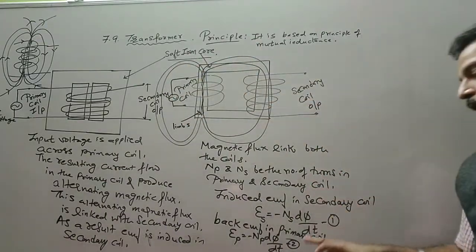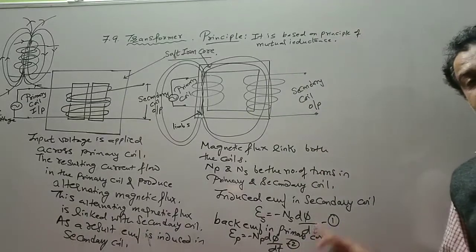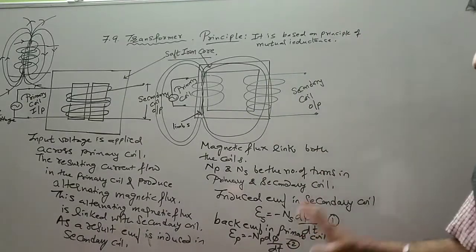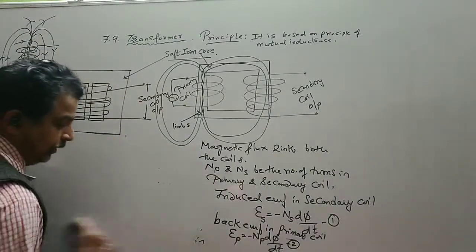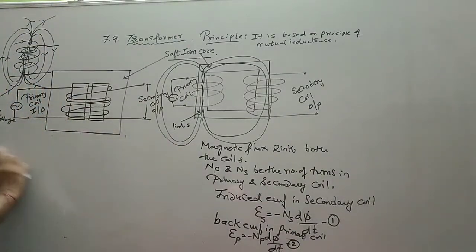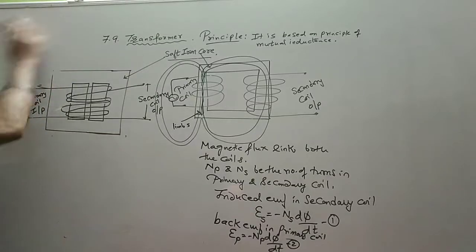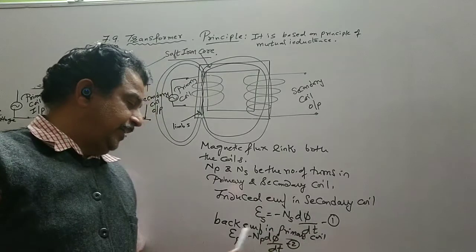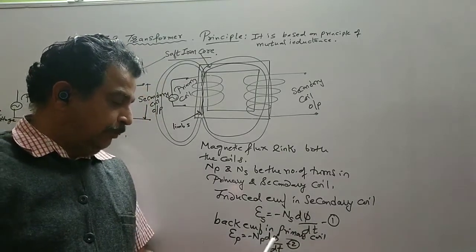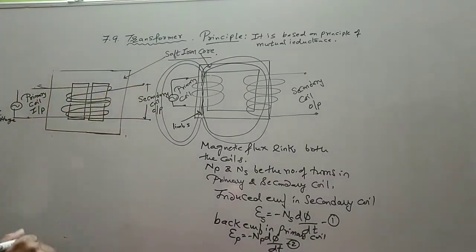So we have the same d phi by dt. The change in magnetic flux in the primary and the secondary coil is the same. This is possible only when we assume there is no loss of energy. So ES is equal to minus NS d phi by dt and EP is equal to minus NP d phi by dt.